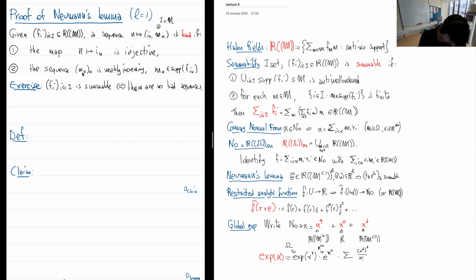So let's pick epsilon in the Hahn field such that epsilon is infinitesimal, and pick some real numbers r_i in R. And we want to prove that r_i epsilon to the i is summable.